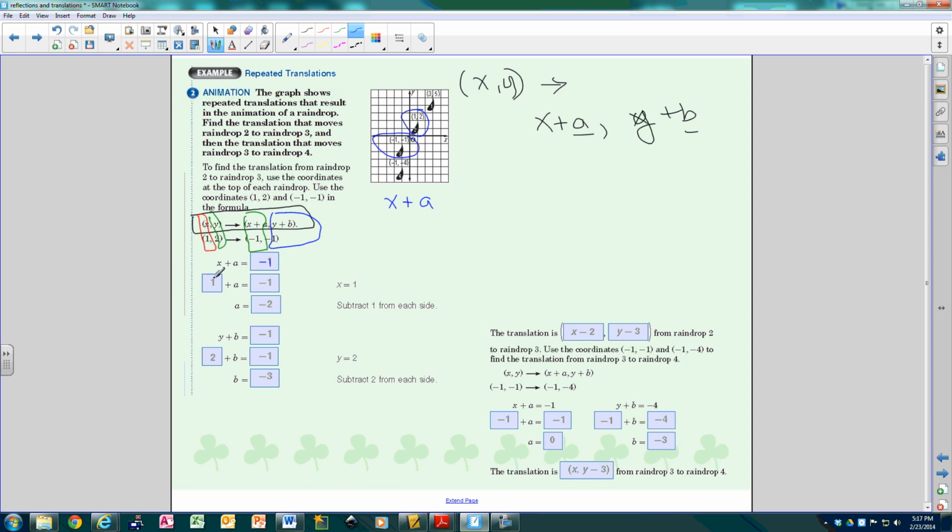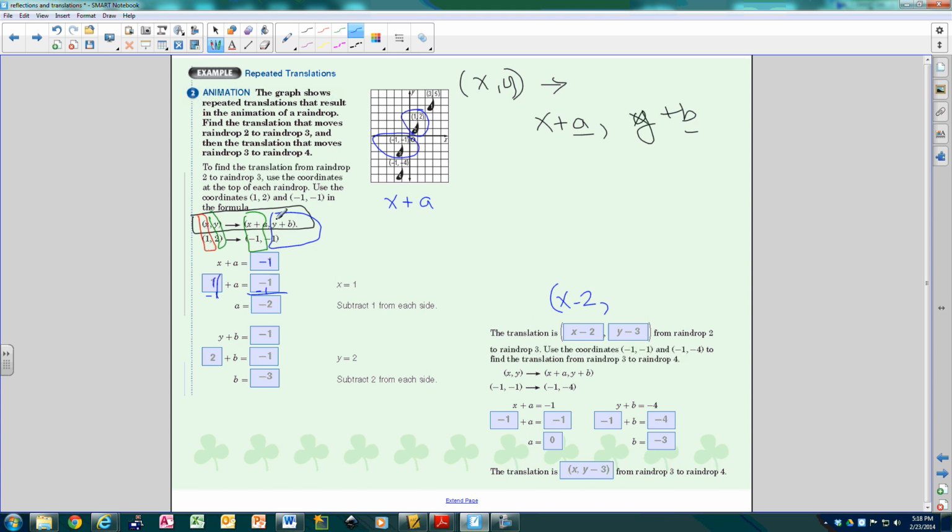And since x is equal to 1, then I'm going to put a 1 underneath the x. So if I subtract 1 from both sides, I get that a is equal to -2. So that means the rule is going to be to take your x and subtract 2 from it. And we're going to do some more of these in class, so please don't freeze up.